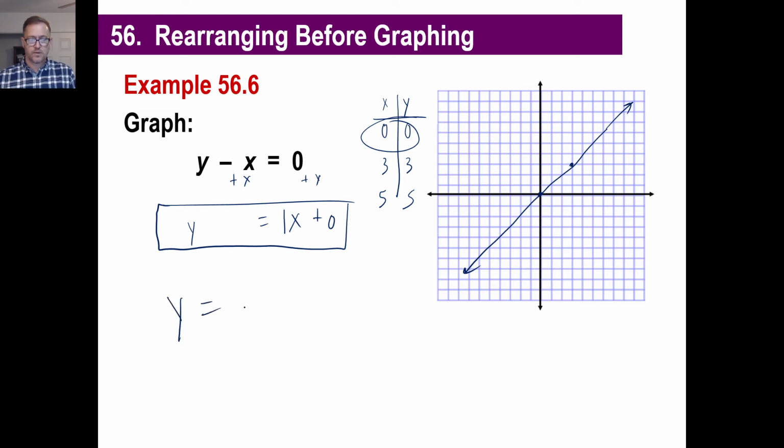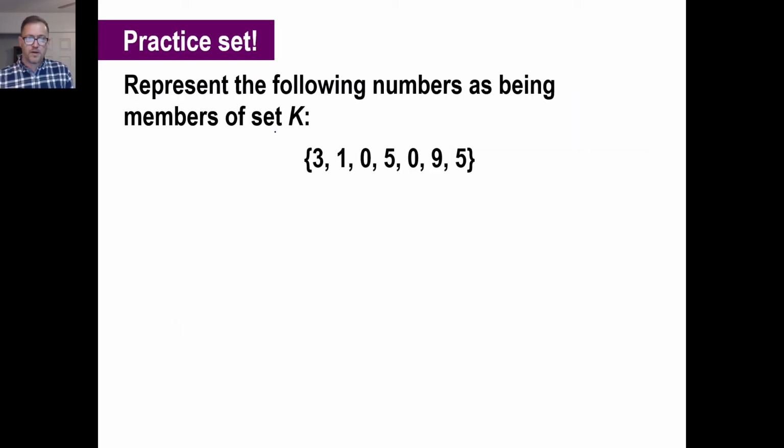Y equals something, so I'll just call it m, some number in front of the x plus some number. I'll call it b. Okay, the number could be 0, could be 1, could be -5, could be 2, whatever. And that's what you're trying to do. Okay, well, pause it and go ahead and let's try the practice problems. And go ahead and try A, and then we'll unpause it and do it.